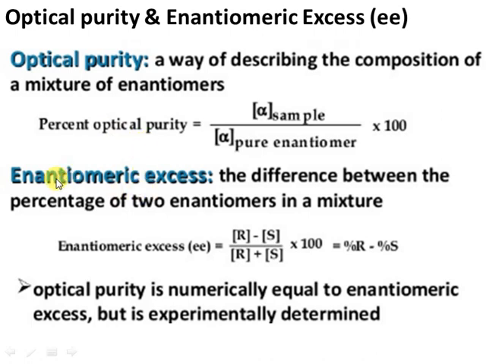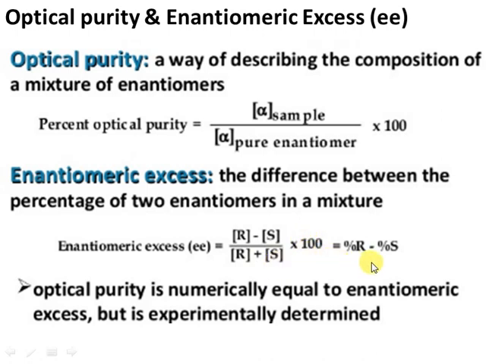And when you are considering which enantiomer is dominating, what percentage of S is forming or what percentage of R is forming, we can get it from the enantiomeric excess. The formula of enantiomeric excess is the concentration of the R isomer minus the concentration of the S isomer formed, divided by the sum of the concentrations of R and S, multiplied by 100.